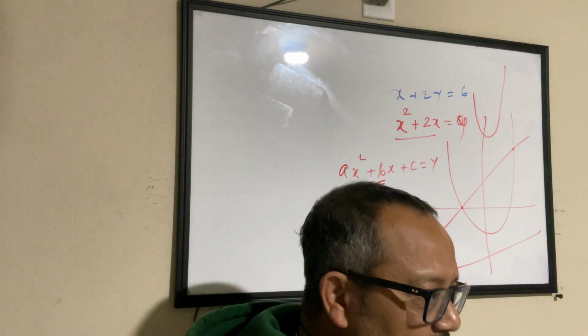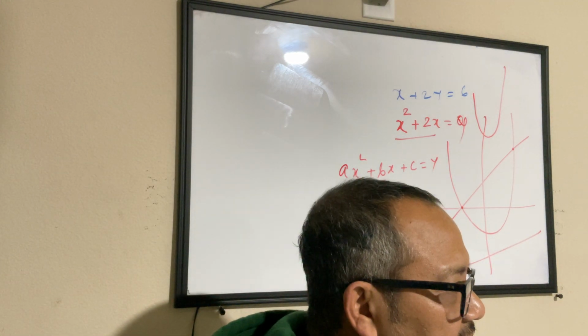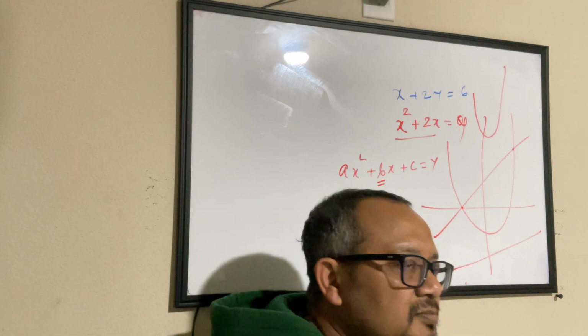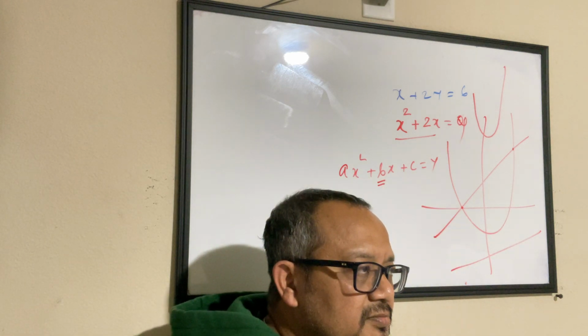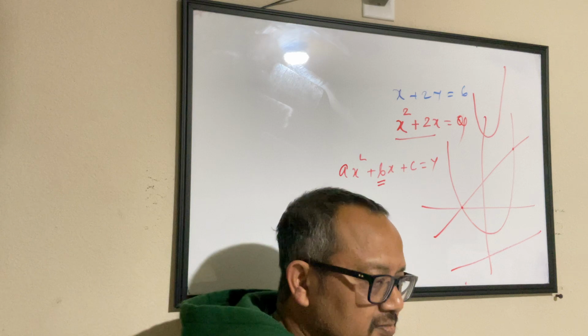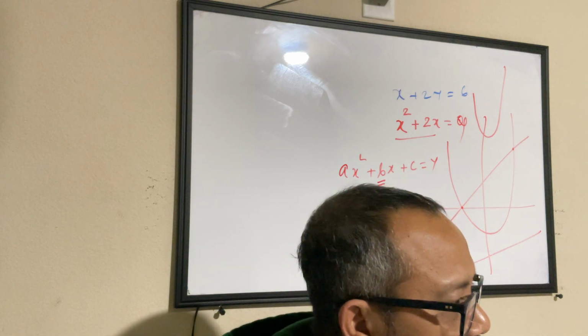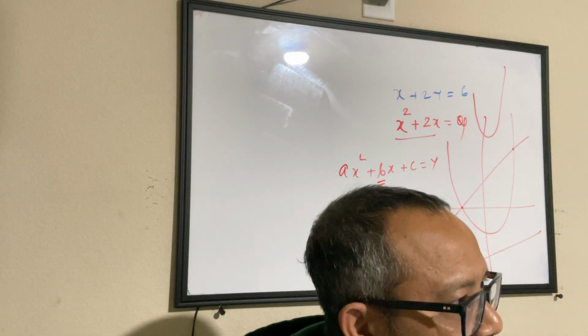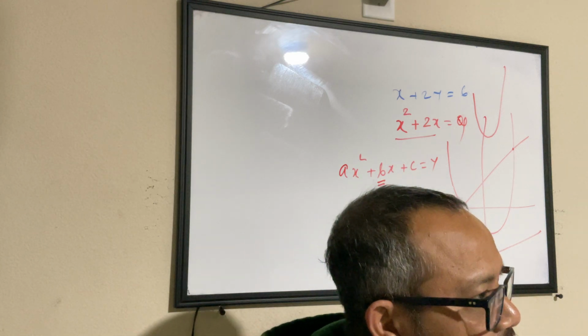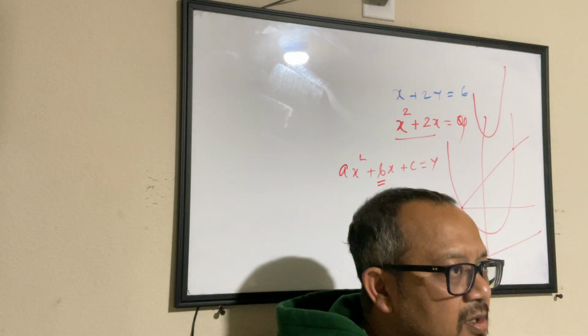Yesterday I got a question where it asks you to find what B times C is, and it gives you the graph. I think it gave you the value of A, and then it wanted you to find B times C.